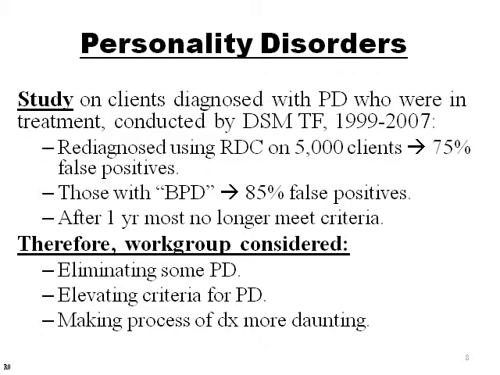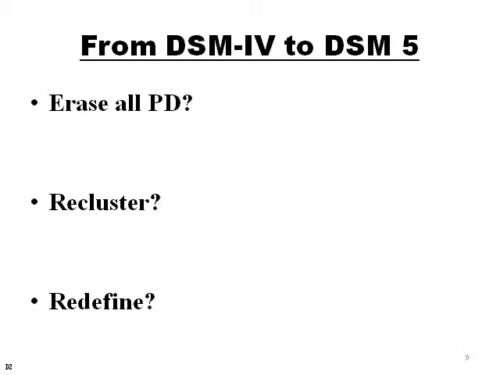So what they ended up doing was they decided to eliminate some personality disorders. They elevated the criteria for getting any of the personality disorders, and they made the process of diagnosing a personality disorder much more daunting and required much more observation and time before a diagnosis could be made.